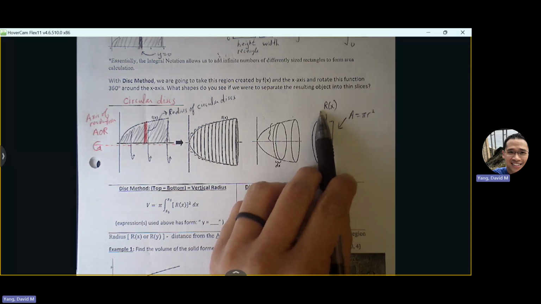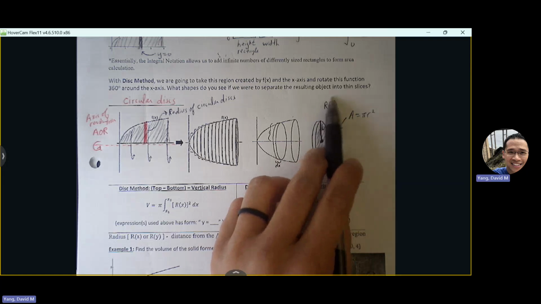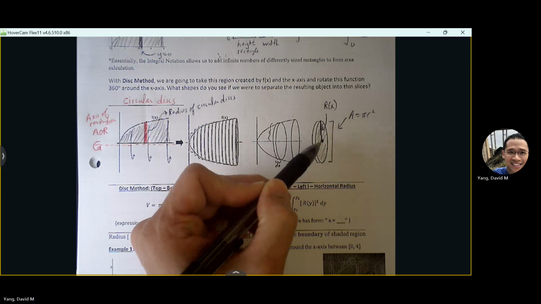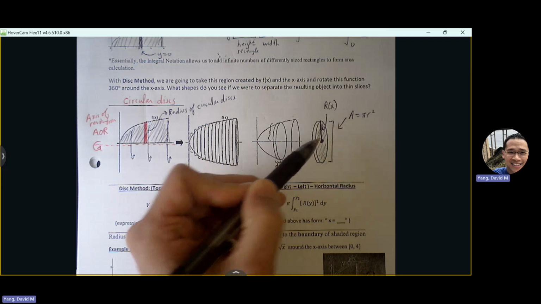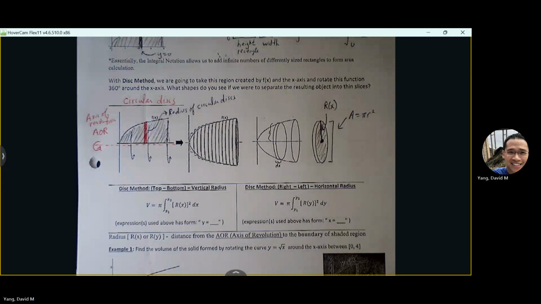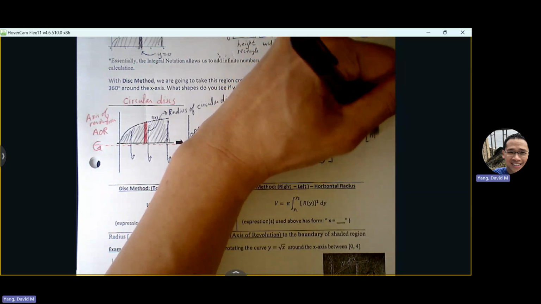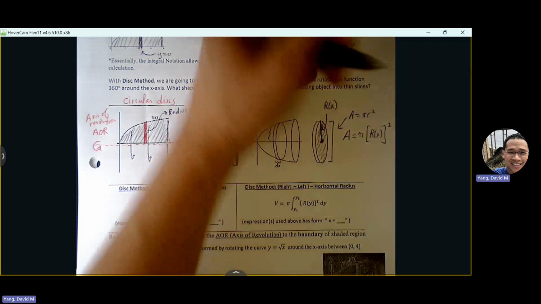That is going to be represented by a lowercase r. So right now we're going to use uppercase R to represent the radius of this circular disc. So my area can be built as pi big R of x squared.